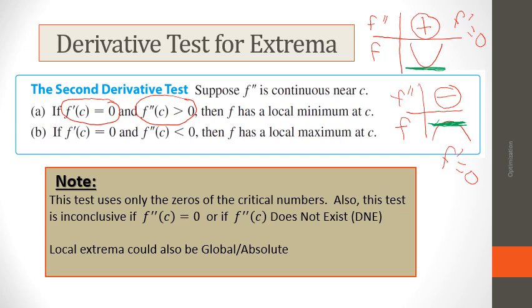So this is the second derivative test, and that's how we're going to use it in some real-world problems. Note that this test uses only the zeros. It is inconclusive if the second derivative equals 0, it's not positive or negative, or the second derivative does not exist. Okay, so it's only for the zeros, not the DNE.